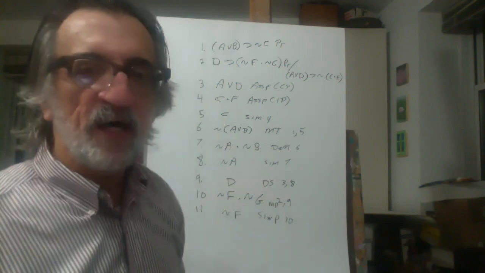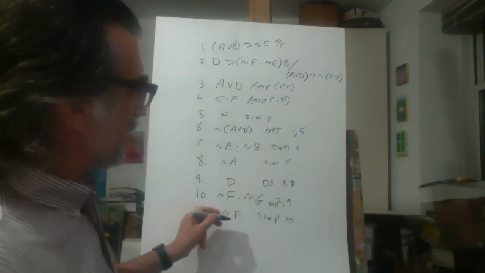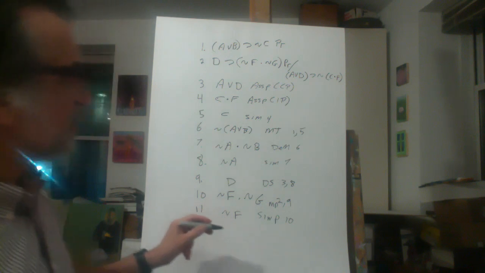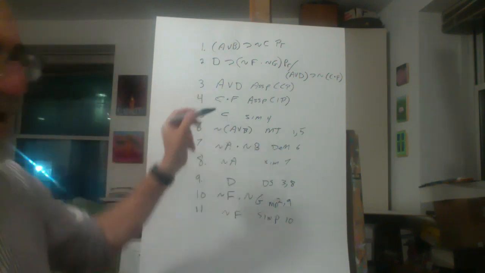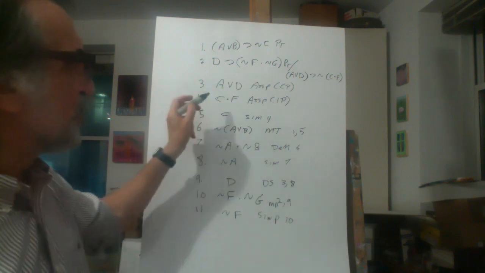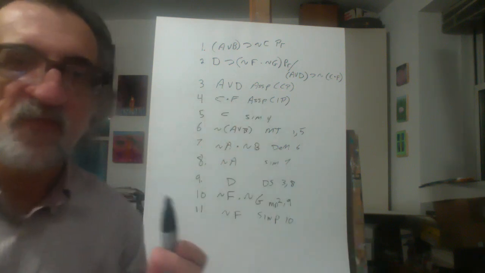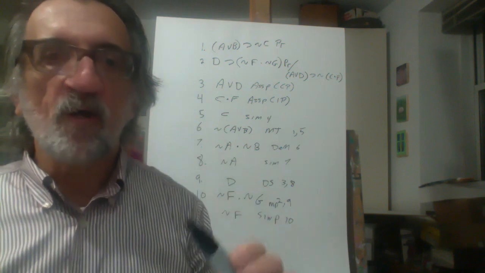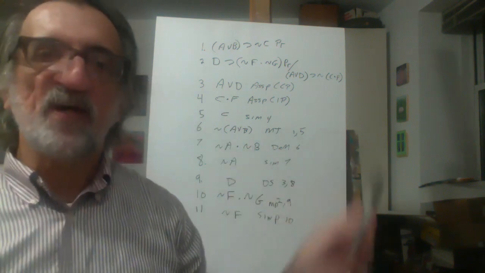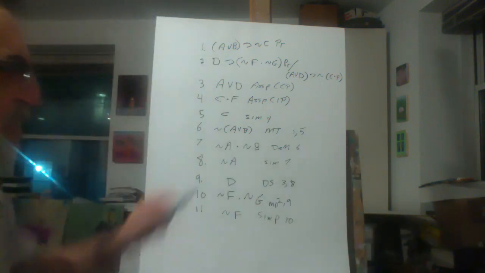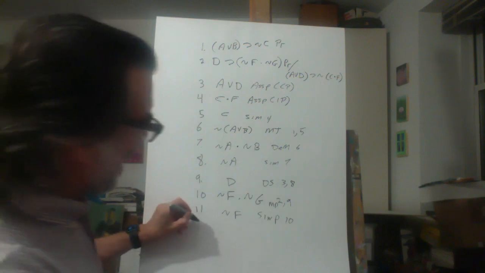From not F and not G, we can derive not F by itself, simplifying. And remember, way up here, we started with C and F, the assumption for the indirect proof, and we simplified it to C because that's what we wanted to use, but we can always simplify it again, go back and derive the F.